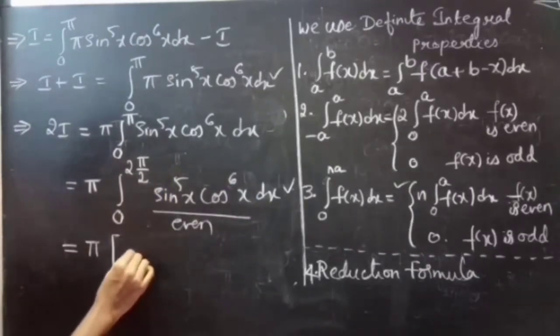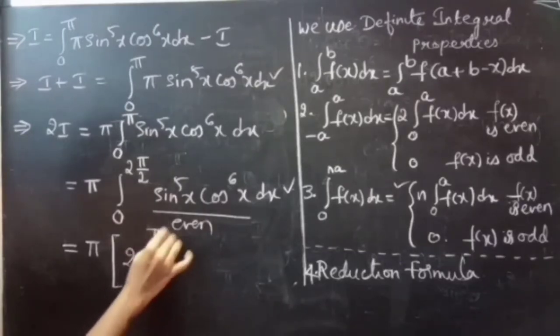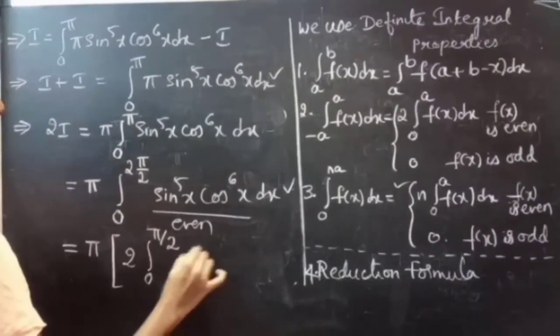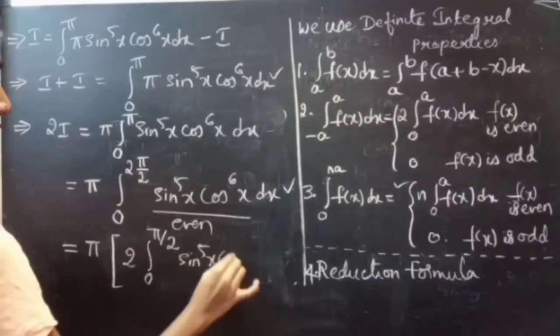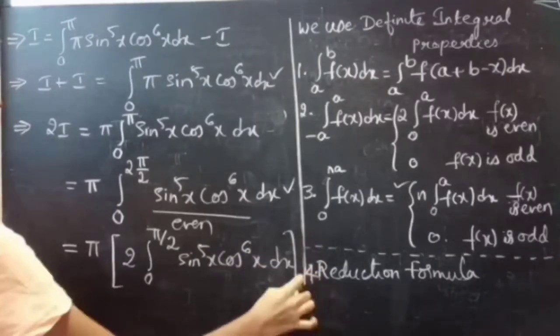So 2 into integral from 0 to pi by 2 of sine power 5x into cos power 6x into dx.